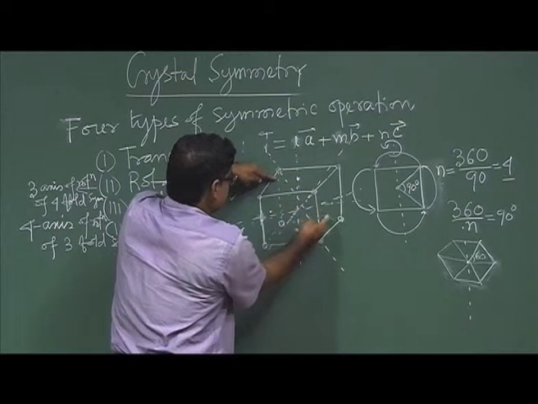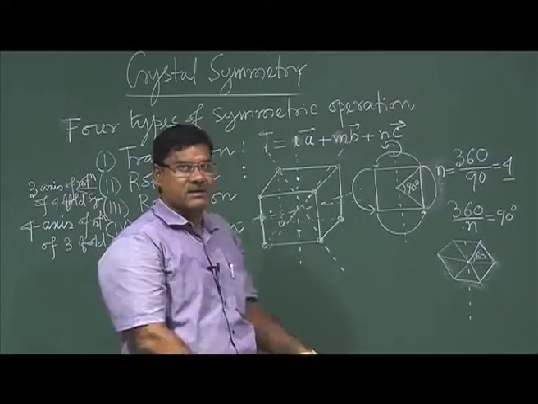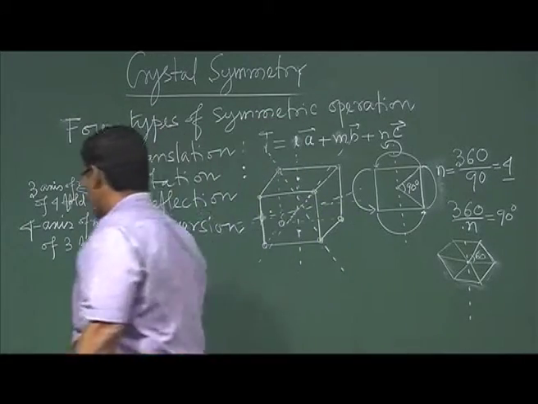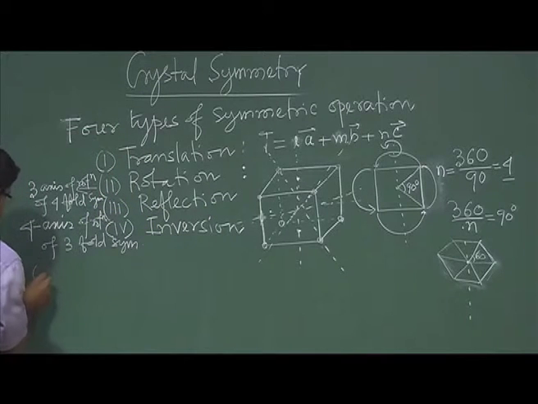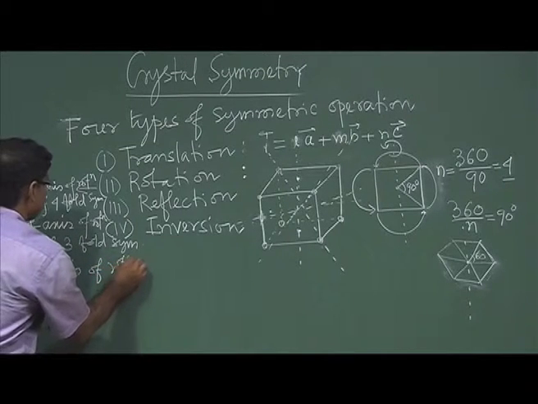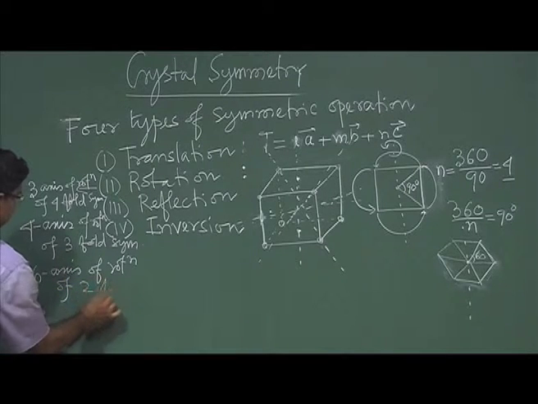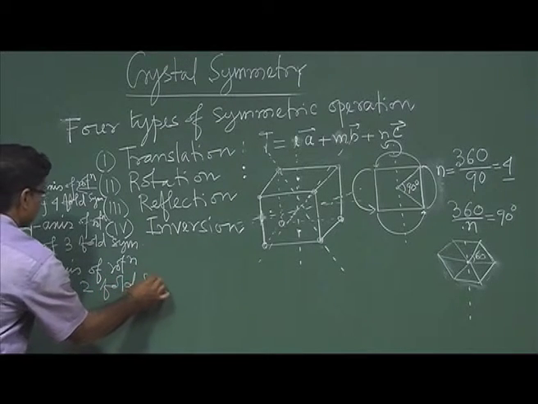And this and opposite this one, so that will be 6. So you will have 6 axes of rotation, 6 axes of rotation of two-fold symmetry, right, two-fold symmetry.